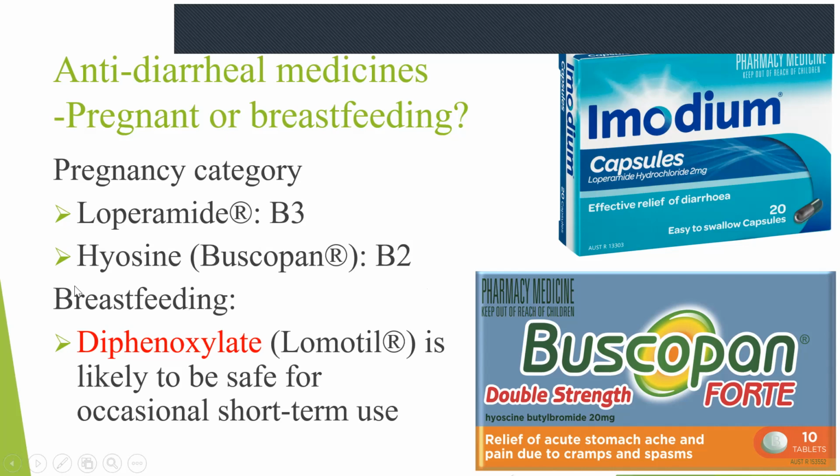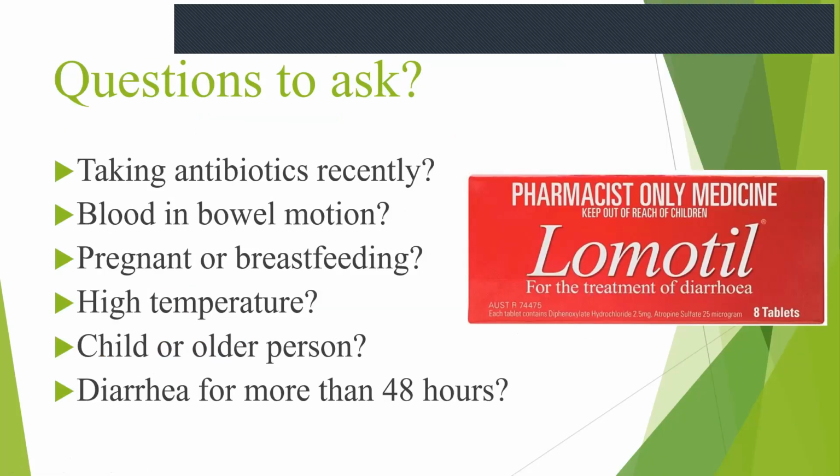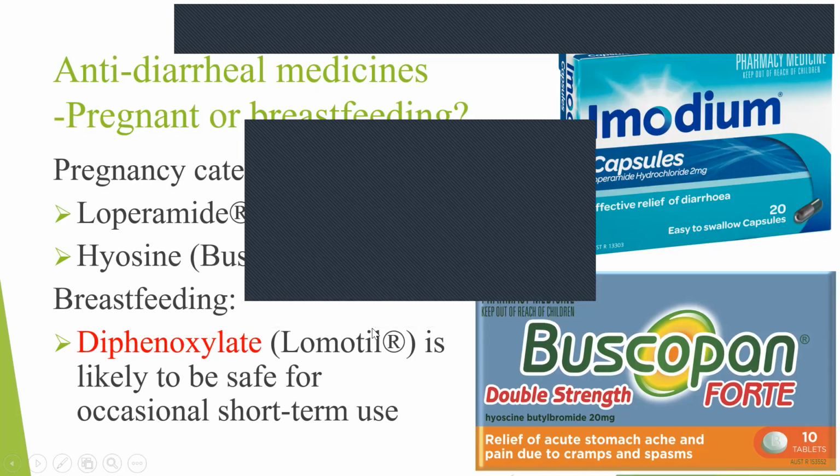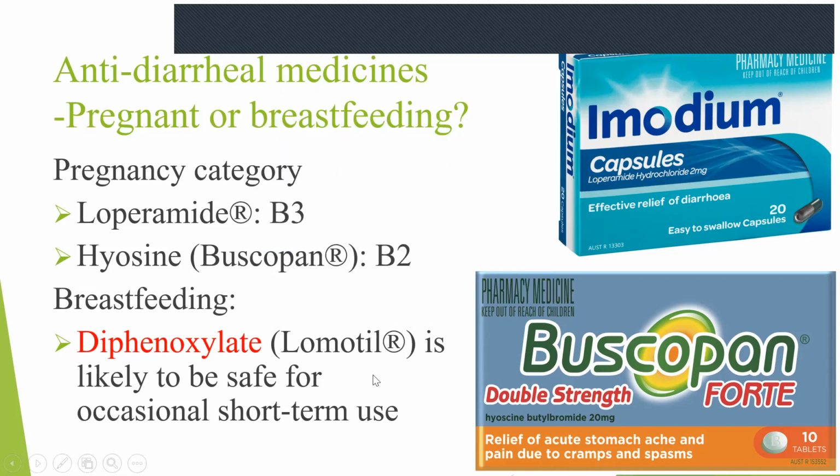And for breastfeeding, one medication is called diphenoxylate, which is Lomatil. This is for the diarrhea, and this medication is safe if you use it occasionally for short term, it's safe for breastfeeding.